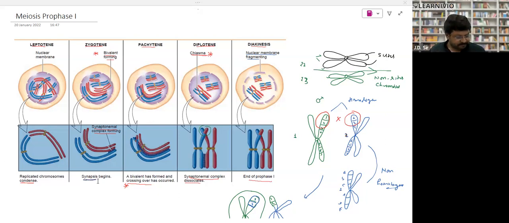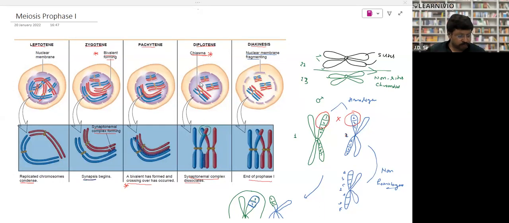In pachytene, the two chromatids belonging to the same chromosome are called sister chromatids. Full stop.